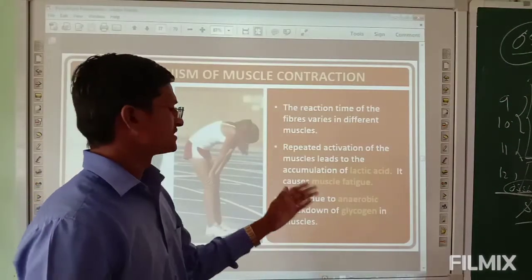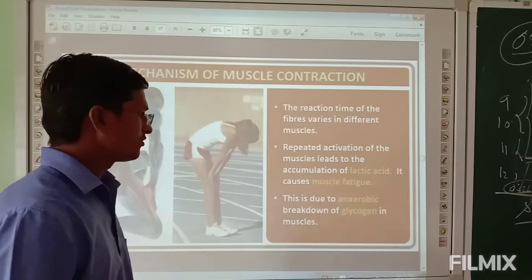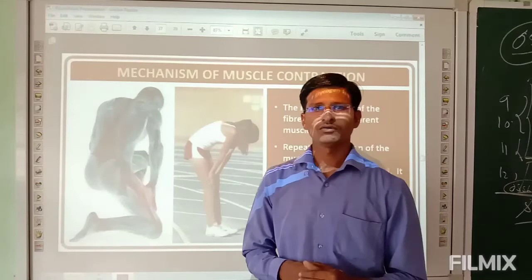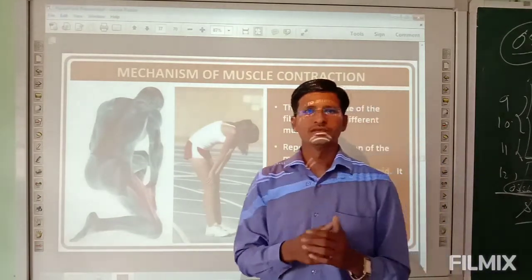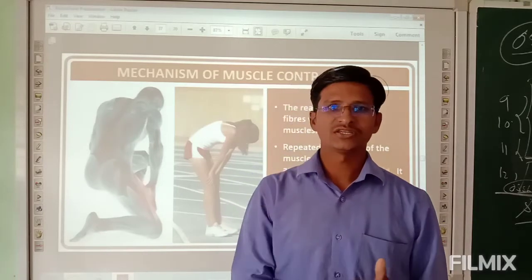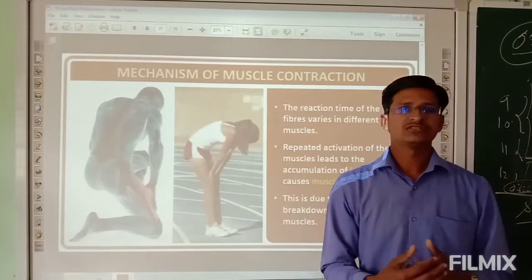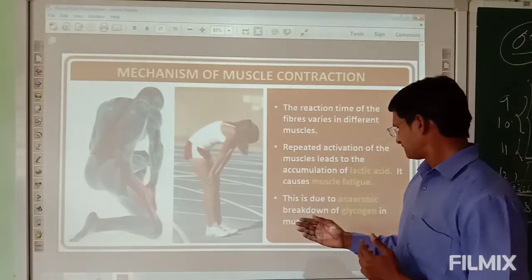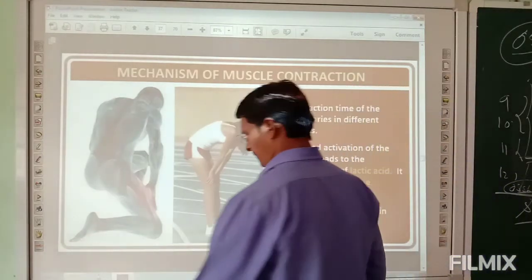It causes muscle fatigue, and this is due to the anaerobic breakdown of glycogen in muscles, that we know from 10th standard. The breakdown of glucose happens in one condition, aerobic, and the second is anaerobic. In the anaerobic condition, the reaction produces lactic acid. That is the breakdown of glycogen in muscles.